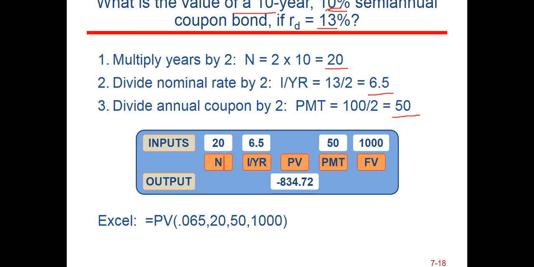So n is 20, the interest rate that the market demands is 6.5, which is 13 divided by 2. Skip payment, you are going to hit on it at the end. PMT is $50, and future value, as I mentioned earlier, is always 1,000. If you do the math, the value of the bond is $834.72.